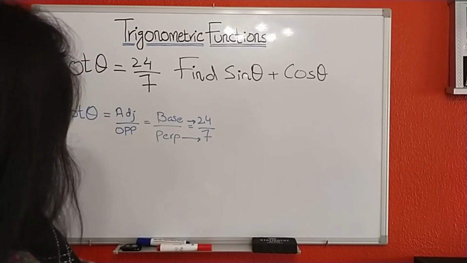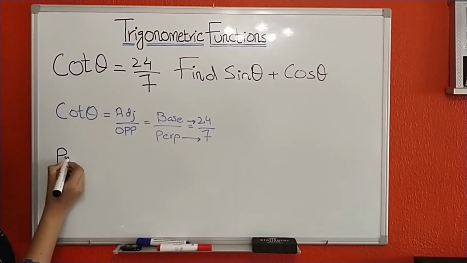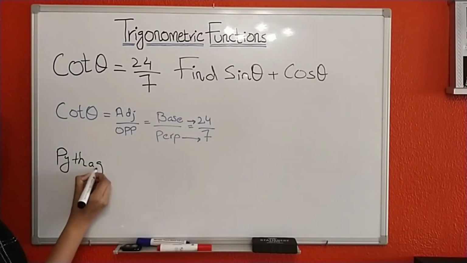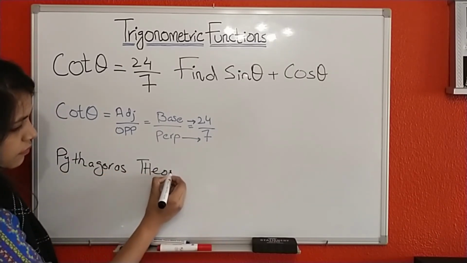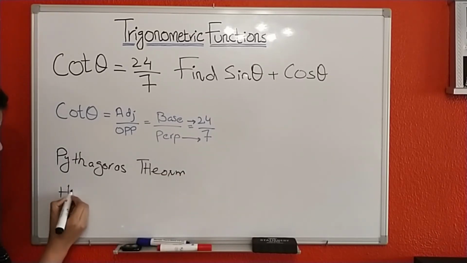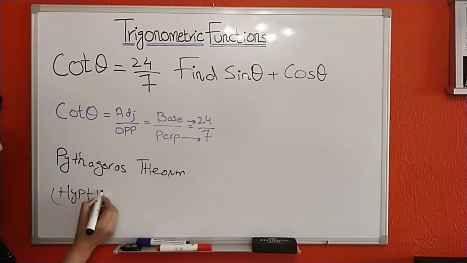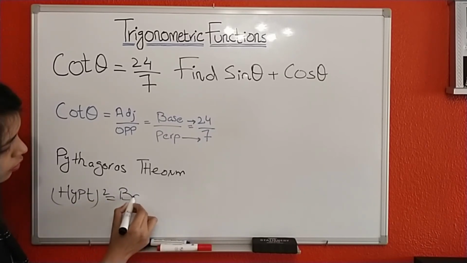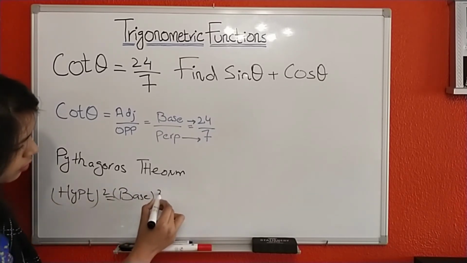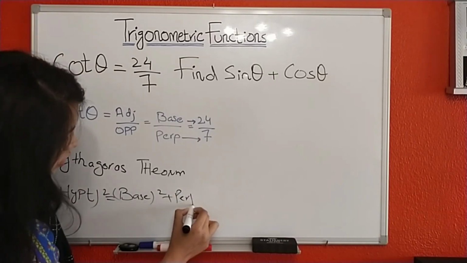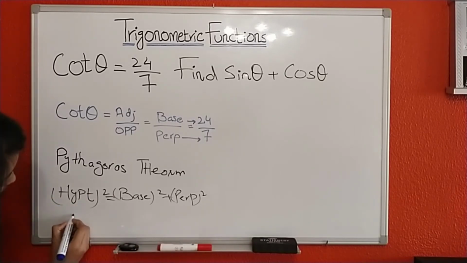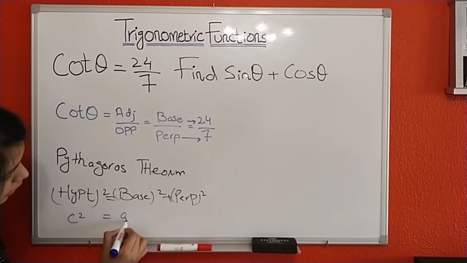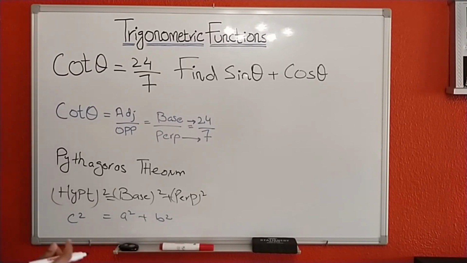So for this purpose, I am using Pythagoras theorem. Pythagoras theorem is hypotenuse square is equal to base square plus perpendicular square. I am writing the formula in alphabetic form. C square is equal to A square plus B square.